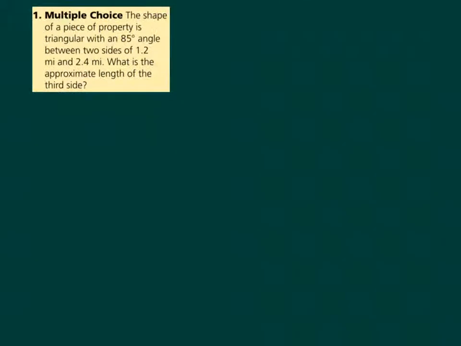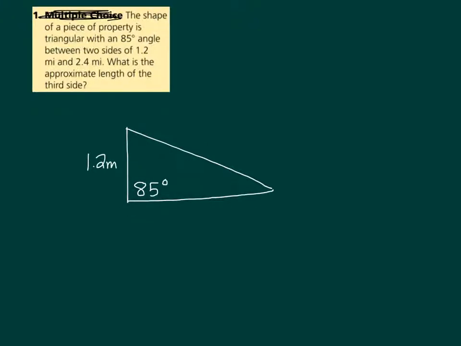This is not a multiple choice question, obviously. The shape of a piece of property is triangular with an 85-degree angle between two sides of 1.2 and 2.4 miles. What is the approximate length of the third side? So this is 85 degrees. We have 1.2 miles.